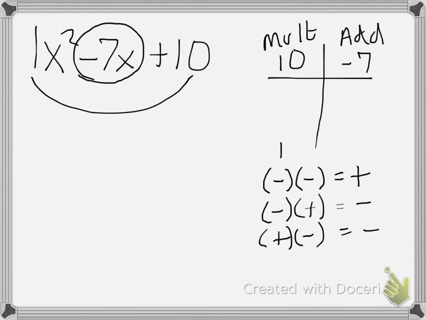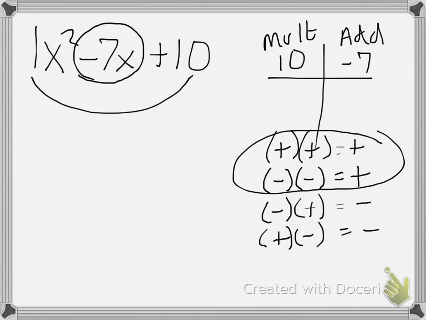If they're same signs, of course a positive times a positive makes positive. If they're same signs, they're positive. So if this is going to multiply to a positive, it's one of these. And now if it's going to add to a negative, it can't be that, because two positives can't ever add to a negative. So that means both of your numbers have to be negative.